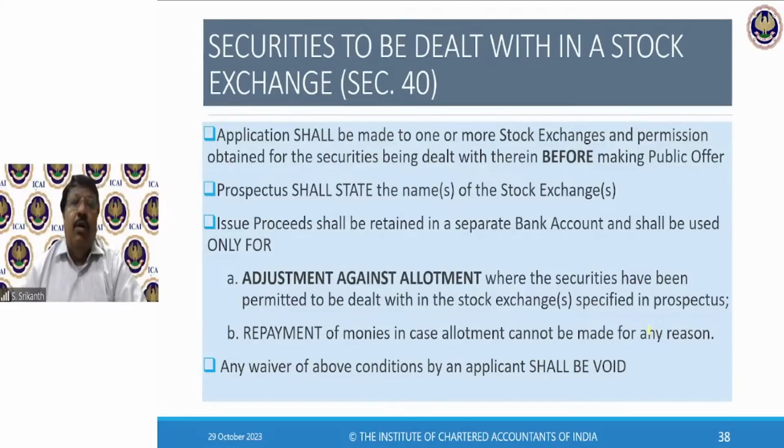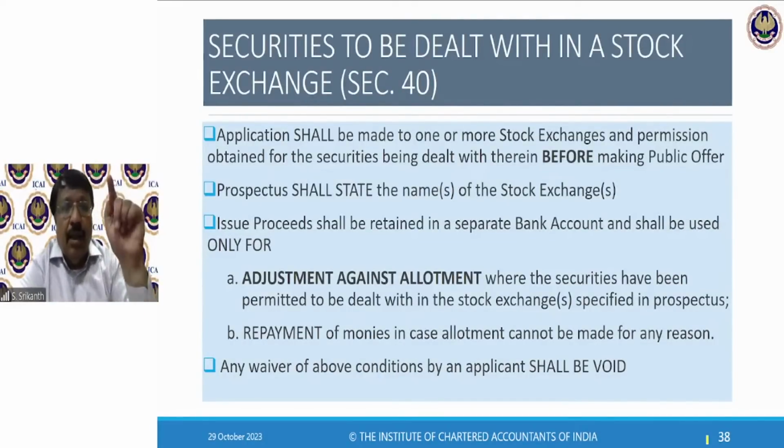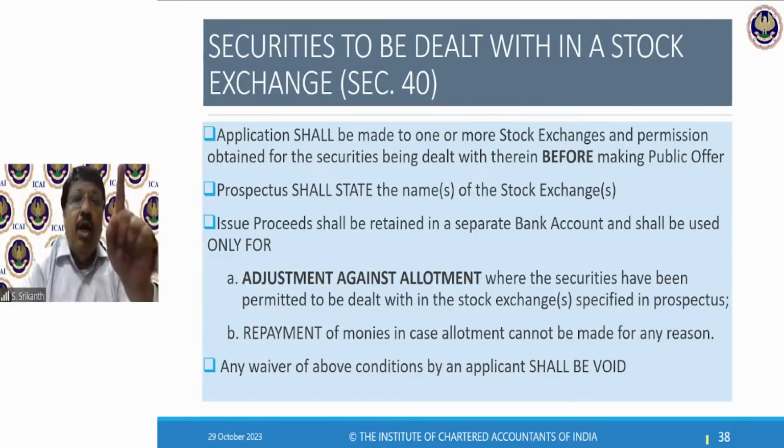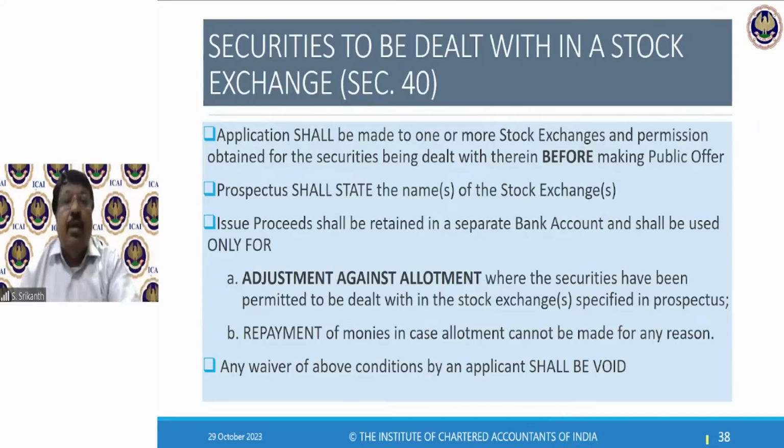So along with the prospectus, please note, this is a very, very important line. I'm going to read it. Remember it, please. Application shall be made to one or more stock exchanges and permission obtained for the securities being dealt with therein. Therein means in that stock exchange, before making public offer.